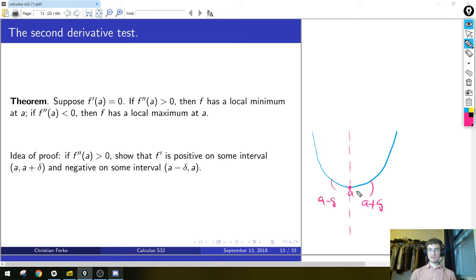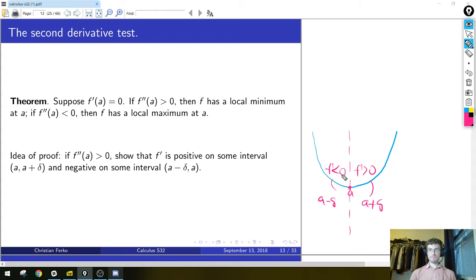I'm just going to find a small interval and try to show that under the assumptions of this theorem, f prime is negative on some interval to the left, and f prime is positive on some interval to the right.